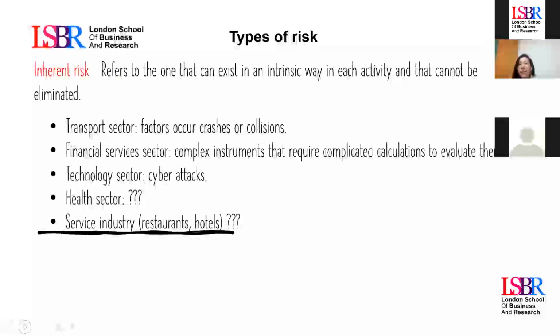It is the same in companies. Think, for example, of a supermarket. The inherent risk is maybe that some consumer could steal products, but this is a risk that cannot be avoided.